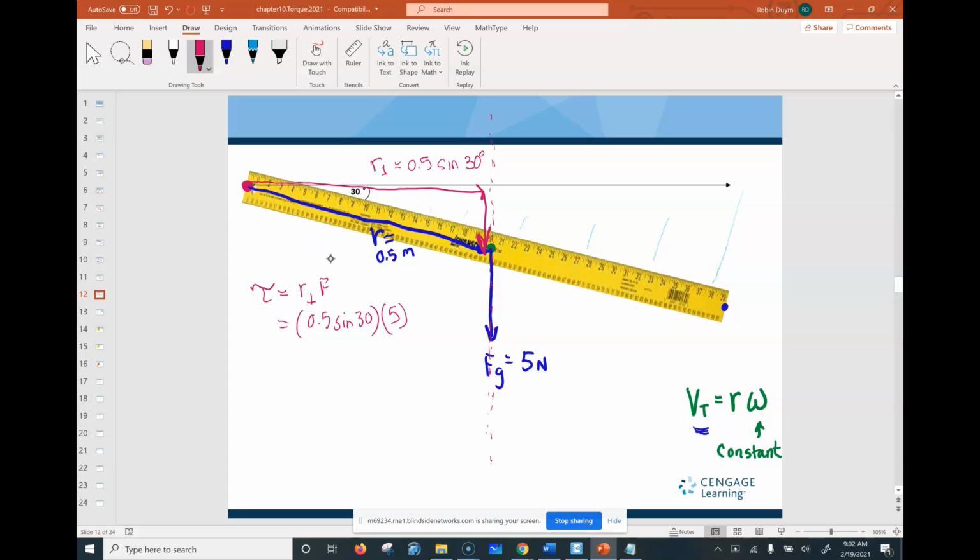So you don't need to put any like angle.